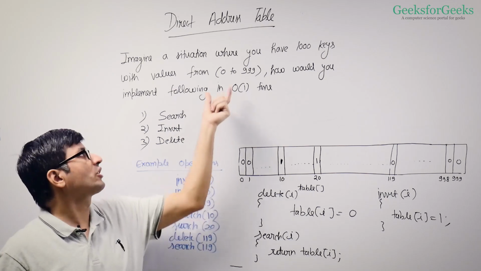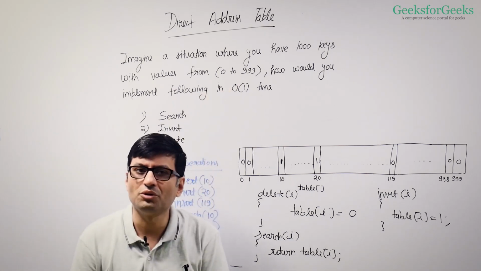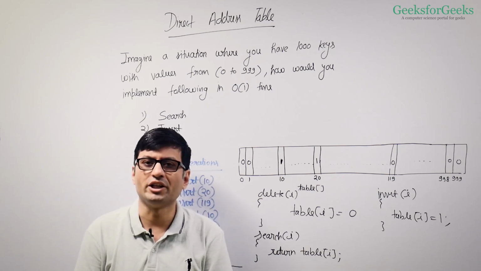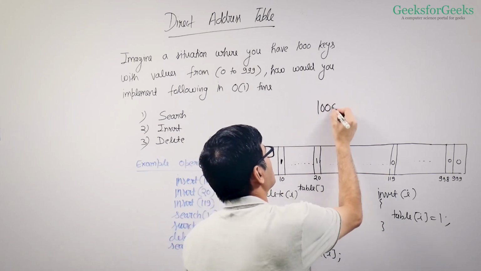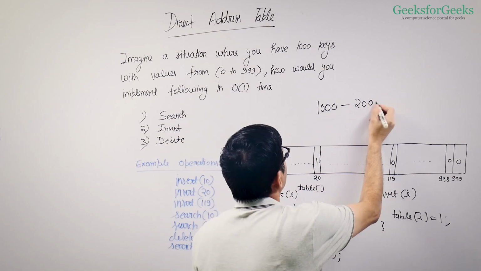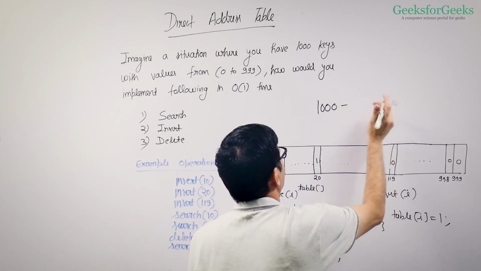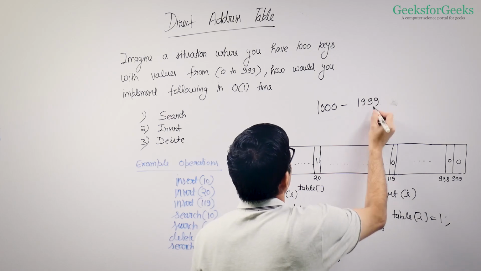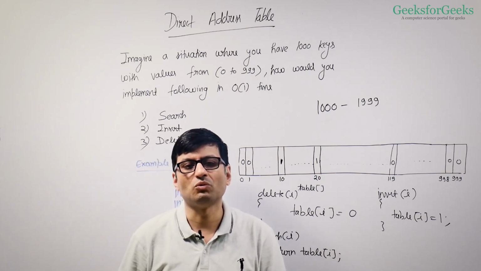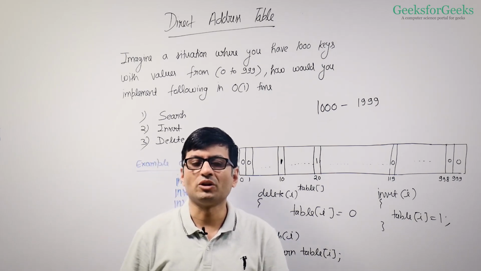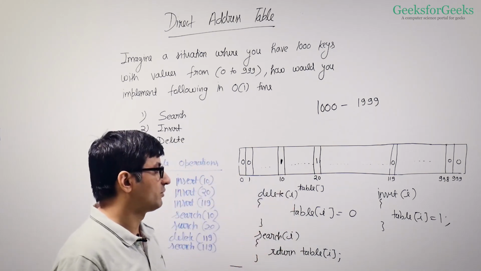Even if your keys are not from 0 to 999, they are in a range. For example, they are in a range from 1000 to 2000, or 1000 to 1999 for simplicity. Even if they are in range 1000 to 1999, I can still implement these operations.